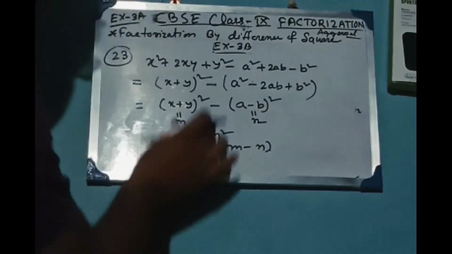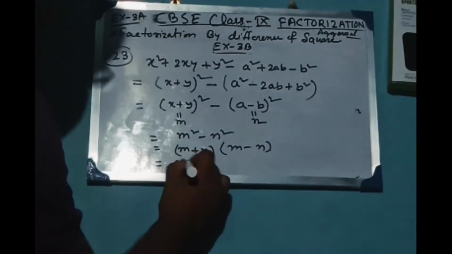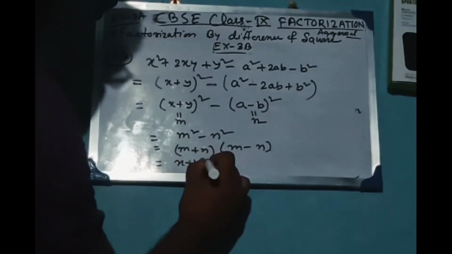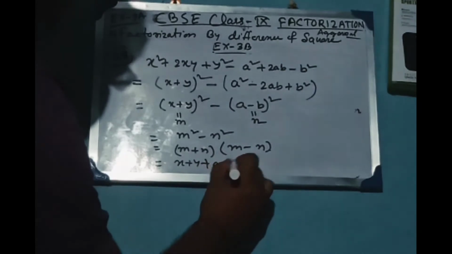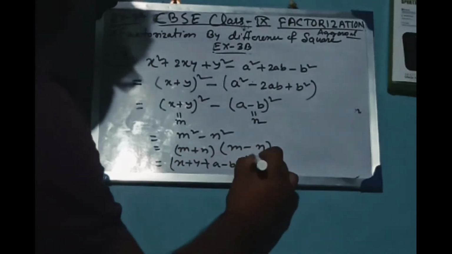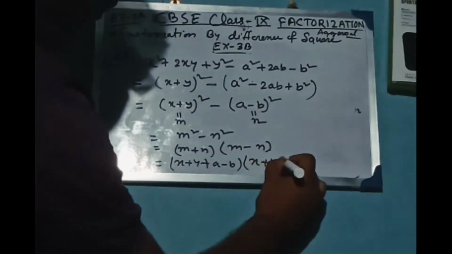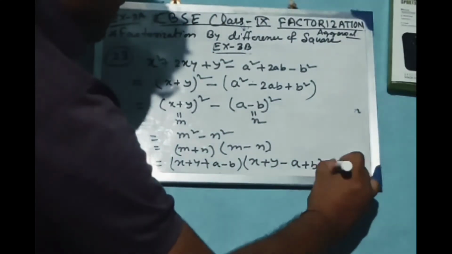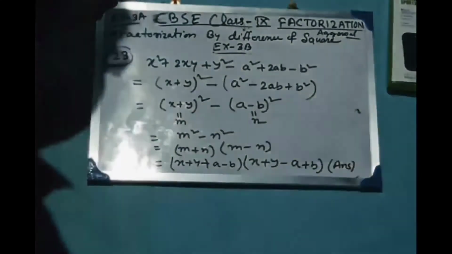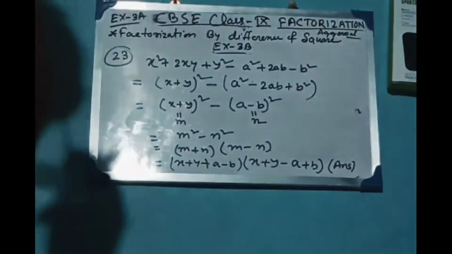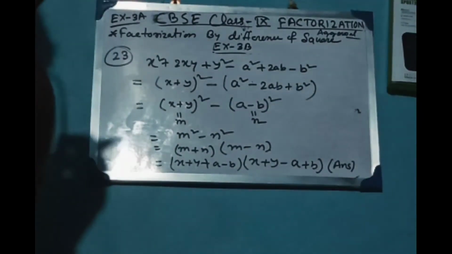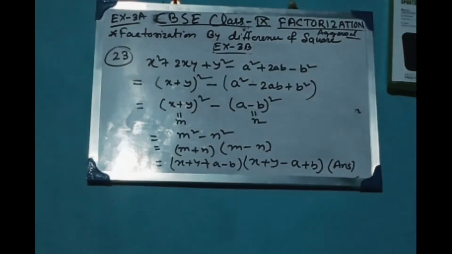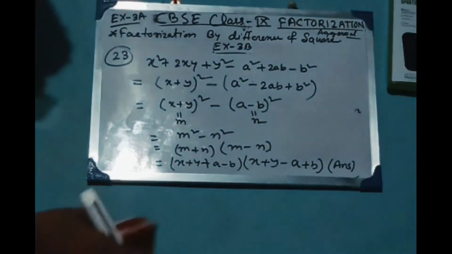Now putting the value of m and n: x plus y plus a minus b, x plus y minus a plus b. This will be my required answer. Question number 23 is done.